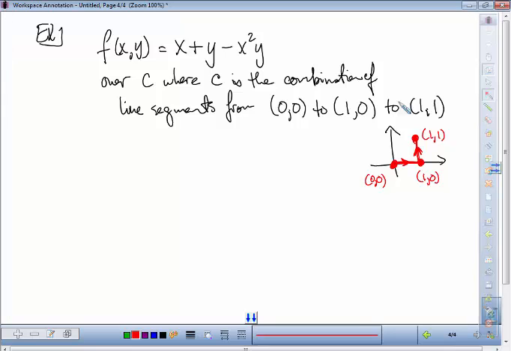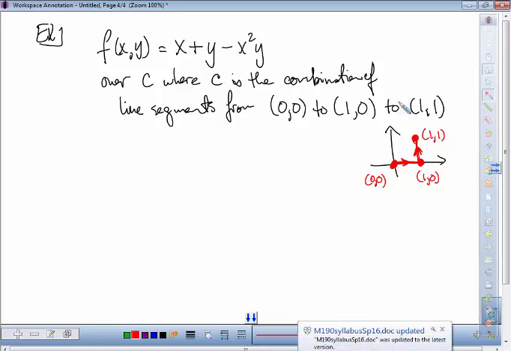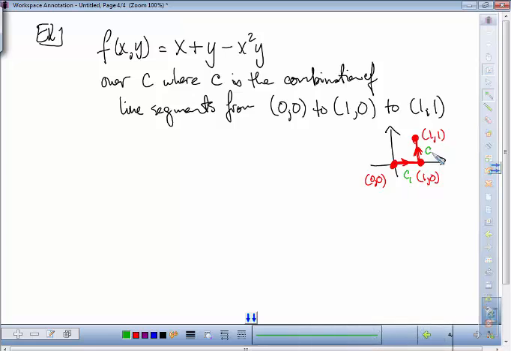Like I said, for this particular scenario, the direction's not going to matter. So the orientation is not important, but later on it will be. So it looks like we're going to have two different integrals. Let's break this up into C1 and C2. This is the C1 part. This is the C2 part.